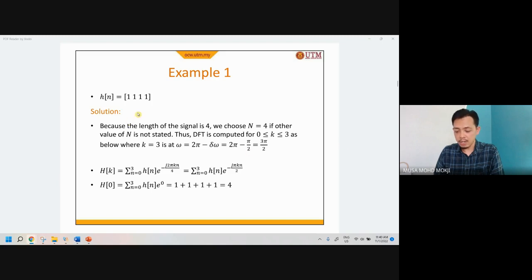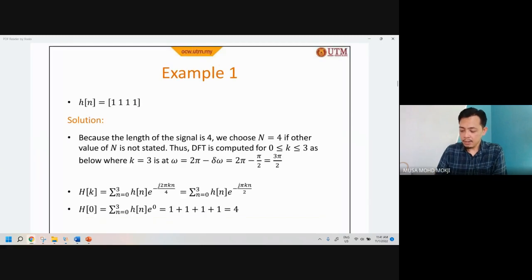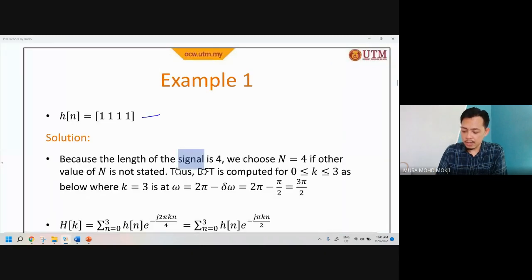Now in this impulse response, we have 1, 2, 3, 4, so 4 samples only. If referring to a filter, this is our filter, and obviously this is FIR.